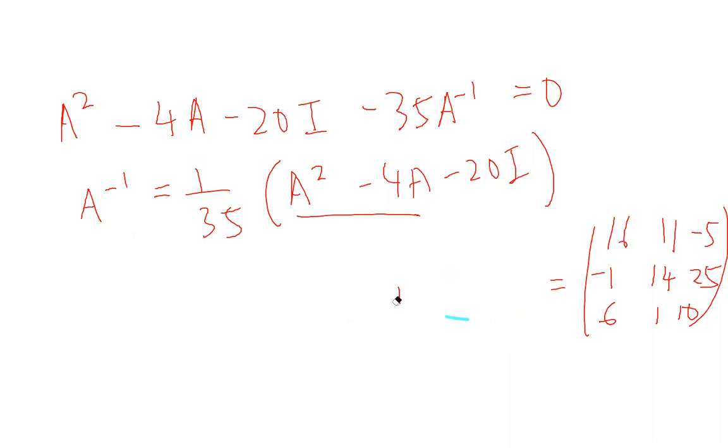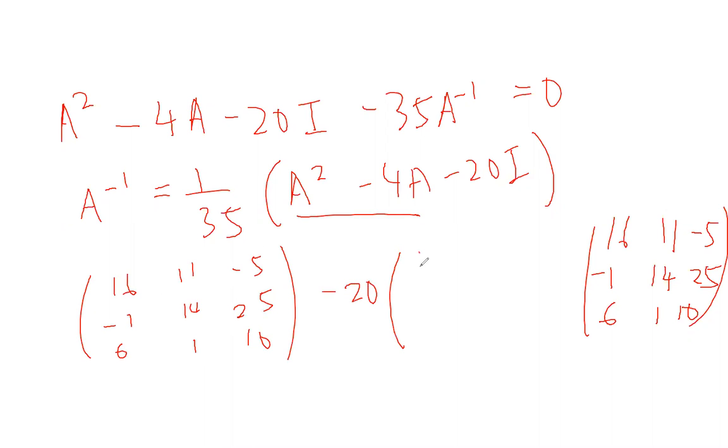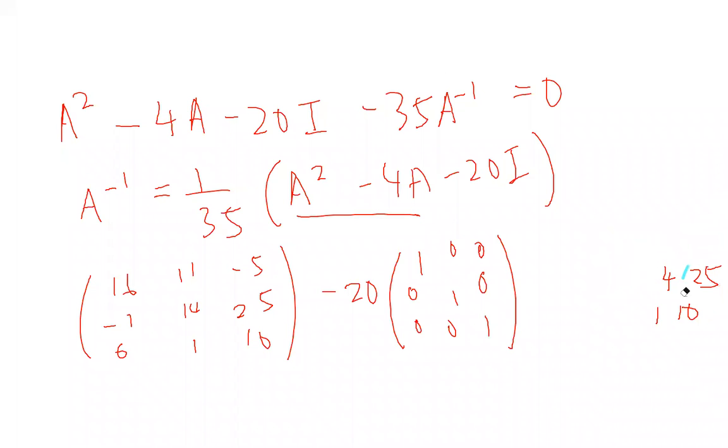Yeah, this might take a while. I have to copy again. And then minus 20I is 1, 1, 1, and the rest are 0 because the identity matrix is like this. So it's going to be 16 minus 20, which I get -4.